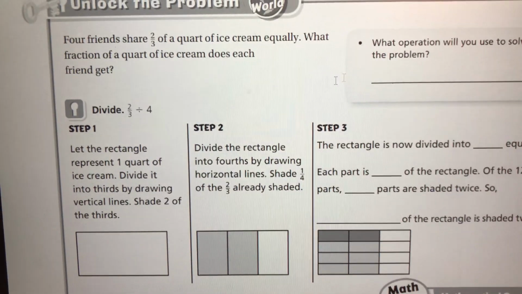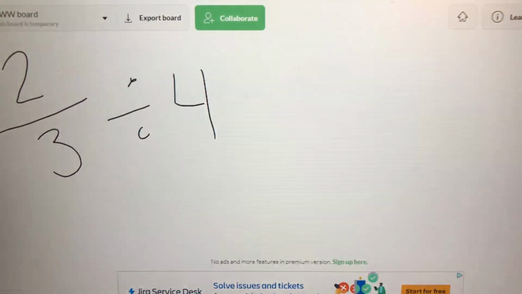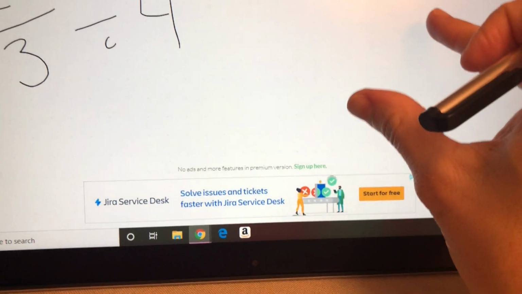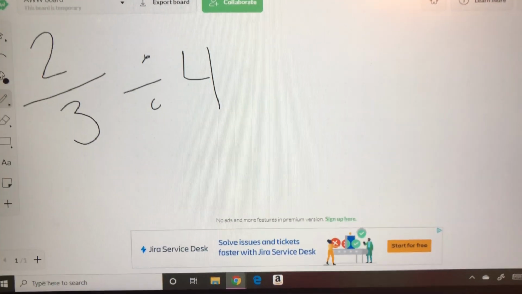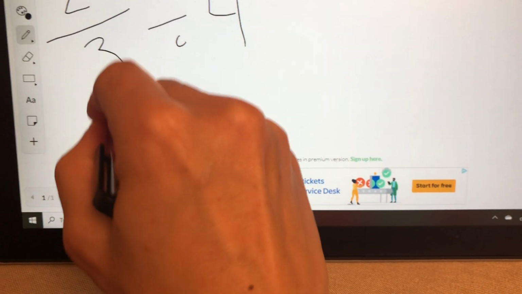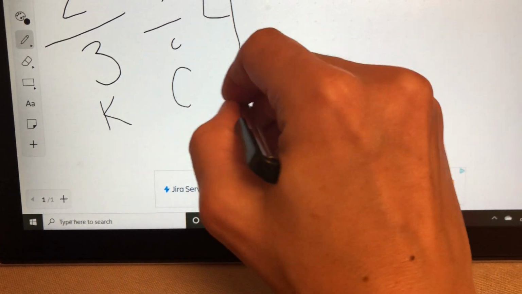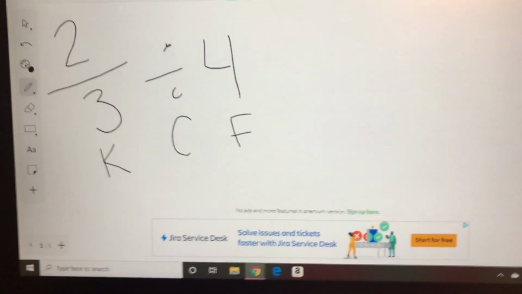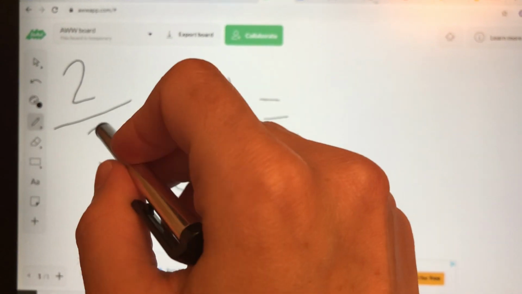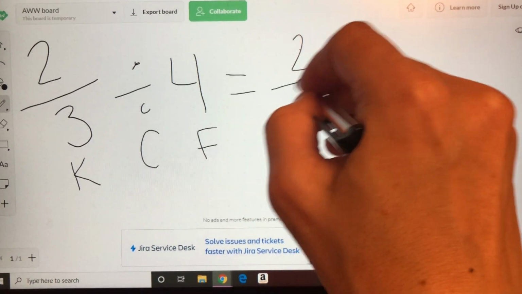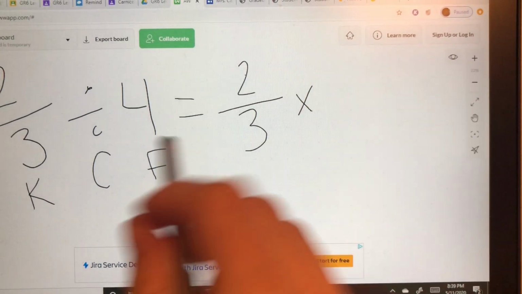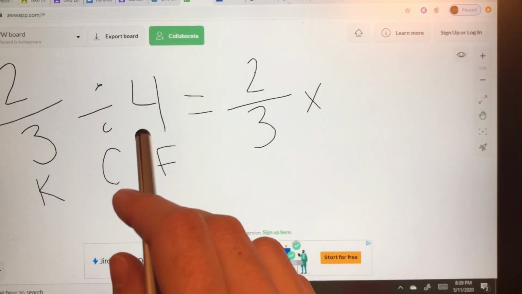So let's write that over here on the board. Okay, I already wrote it. The first thing you should be doing is remember the keep, change, flip strategy. Okay, you're going to keep the first number, your dividend in this case, 2/3, change division to multiplication, and flip the whole number.